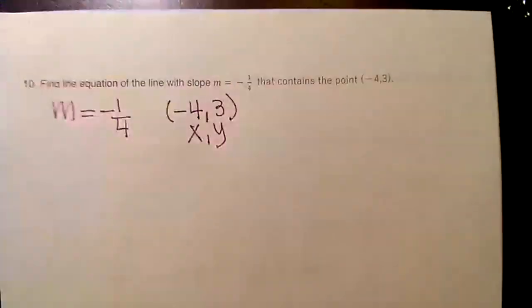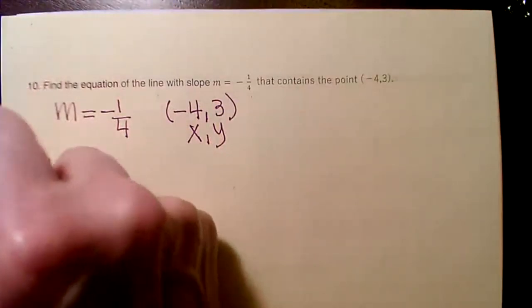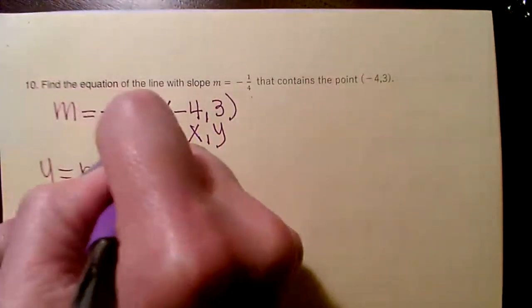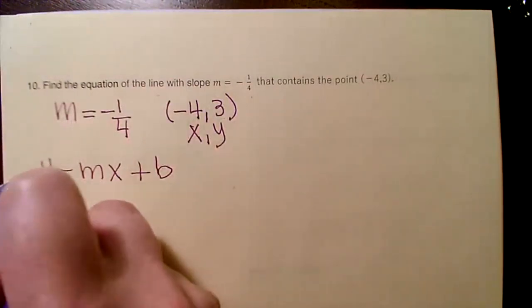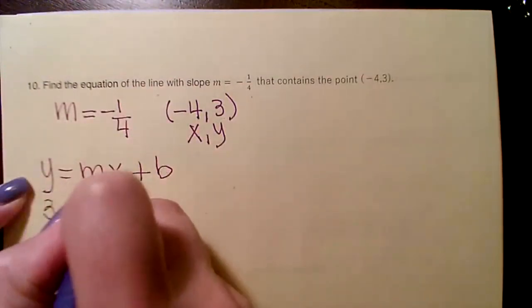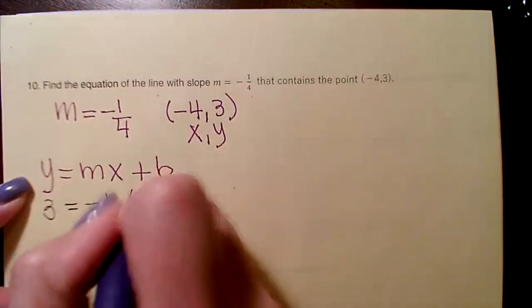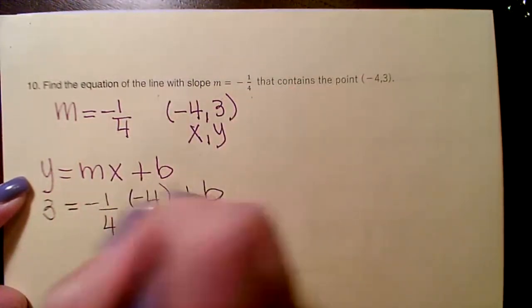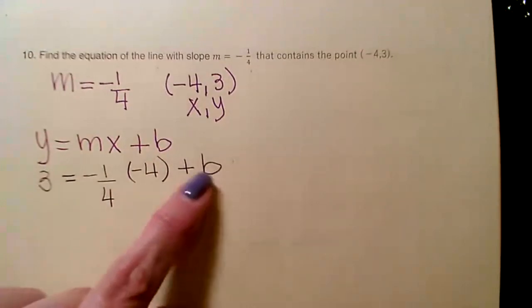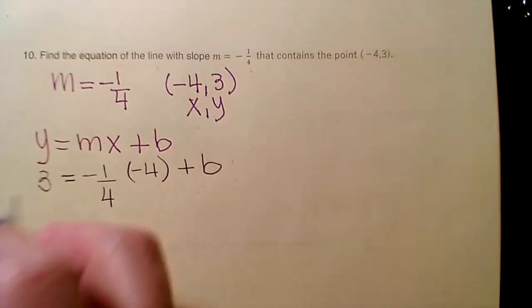So now we know what to do, right? We have y equals mx plus b. So y is 3. What's my slope? Negative 1/4. What is x? Negative 4, plus b. I'm doing this because I need to find the b.